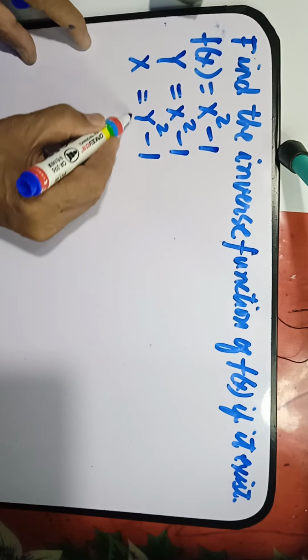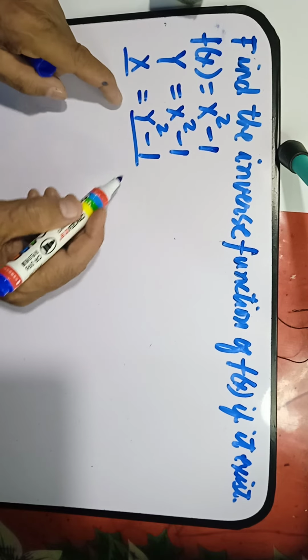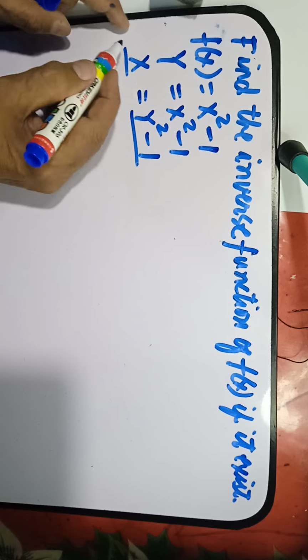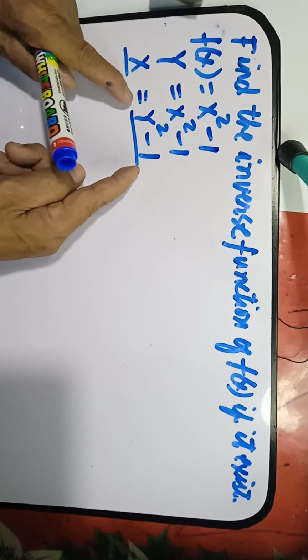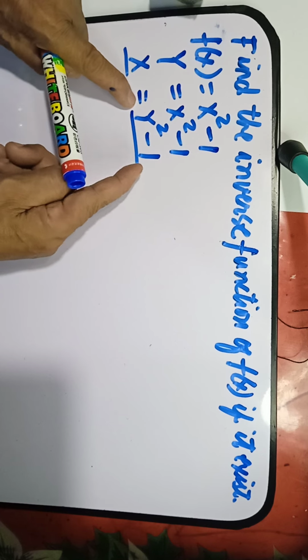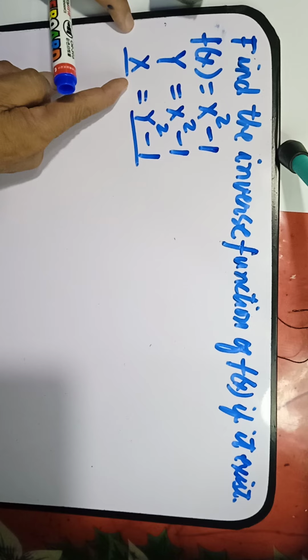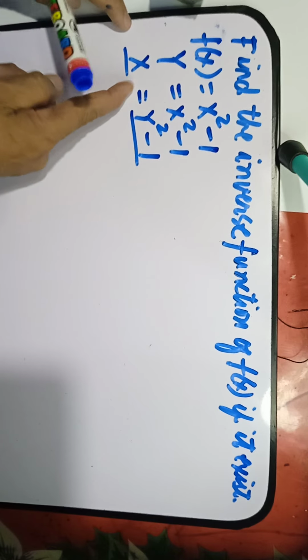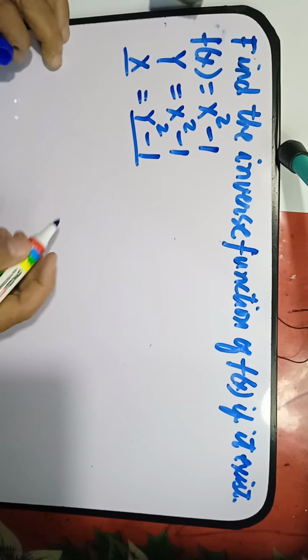So, I will change it here. If we use the commutative property, we'll only exchange the place of the terms. All the terms in the right side will be transferred to the left side, and all the terms in the left side will be transferred to the other side for convenience in solving.